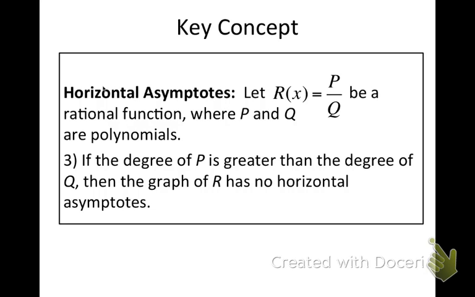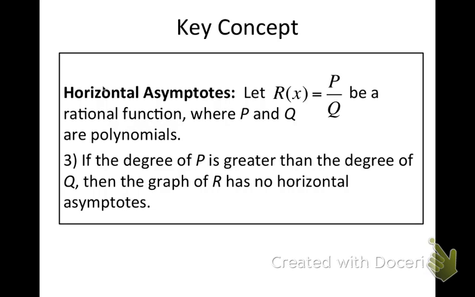The hardest part is remembering which one's the 0 and which one's the none. Larger degree on the bottom, y equals 0. Larger degree on the top, there are no horizontal asymptotes. If the degrees are the same, you just take the leading coefficients.